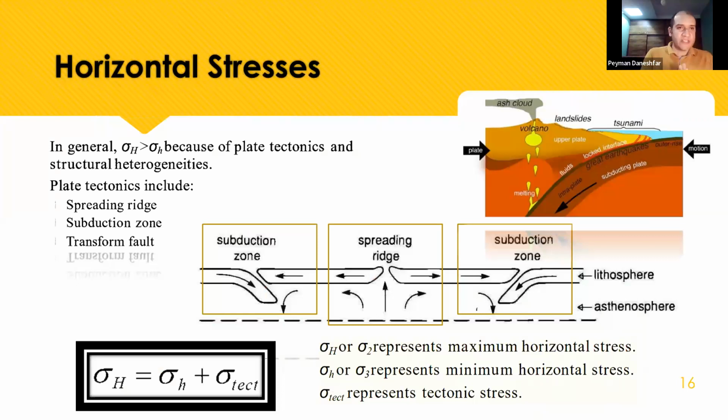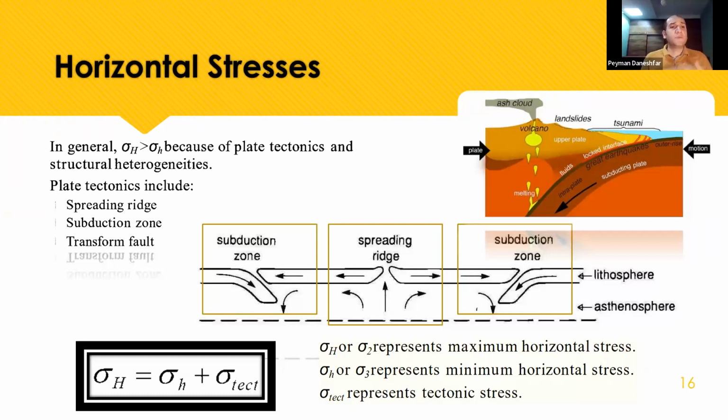Horizontal stresses: we have minimum and maximum horizontal stresses. They should always be different from each other. Why? Because of the tectonic stresses. I'll show it in a graph, and you can see the difference between the maximum and minimum horizontal stresses.